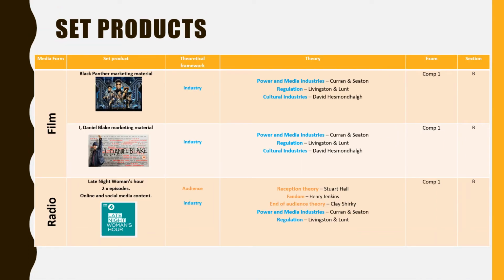Now you might be pleased to see we have film. We've got 2 great films here, but we really look at film marketing. Again, we don't have to watch the films. I would say if we don't watch the films, we won't really understand some of the marketing issues around them. So we have Black Panther and I, Daniel Blake.